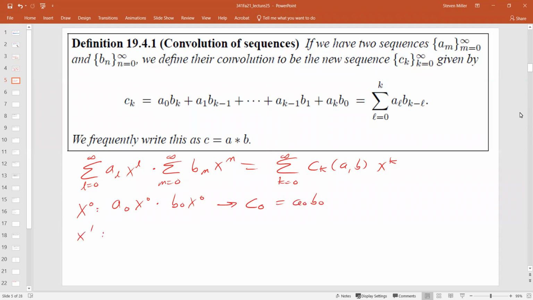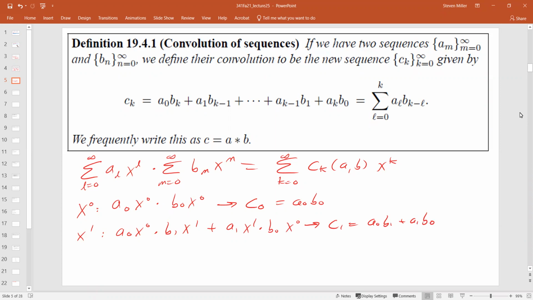If I want to get an x to the first power, I could have A_0 x^0 times B_1 x^1, or I could have A_1 x^1 times B_0 x^0. That gives me C_1 is A_0 B_1 plus A_1 B_0. Right?